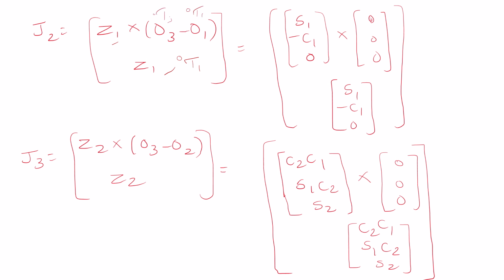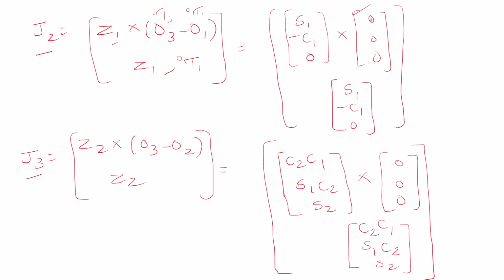Again, the positional vectors of all three transformation matrices will be 0 in the case of the RPY wrist. So you will always get this term to be 0, and Z1 from the transformation matrix, and by substituting you will get J2. The same way you also get J3.